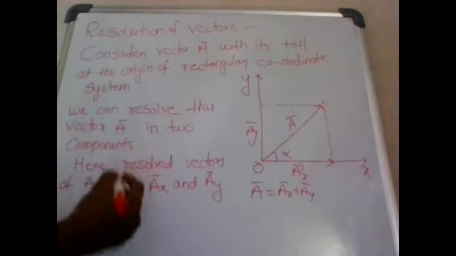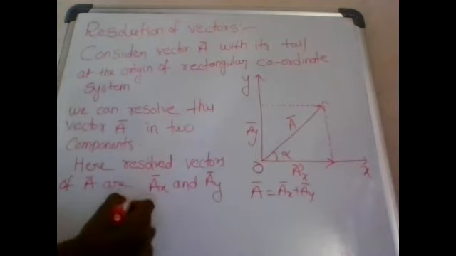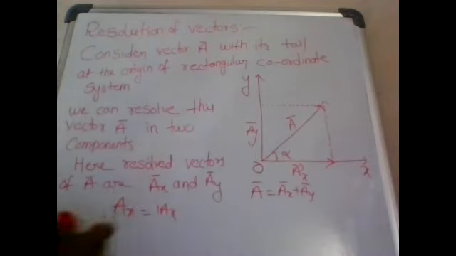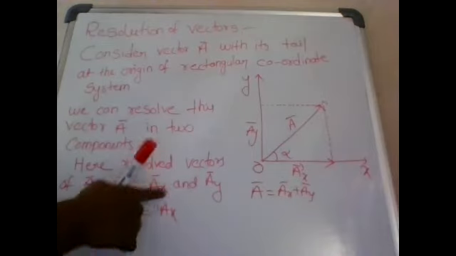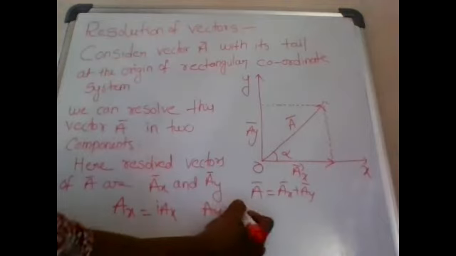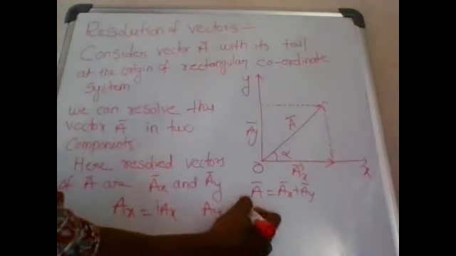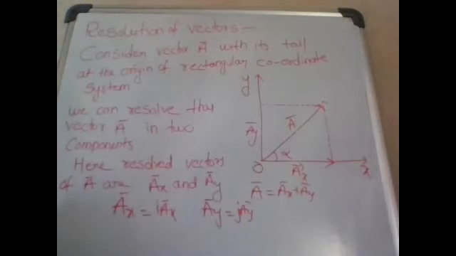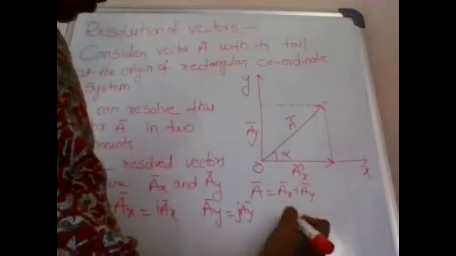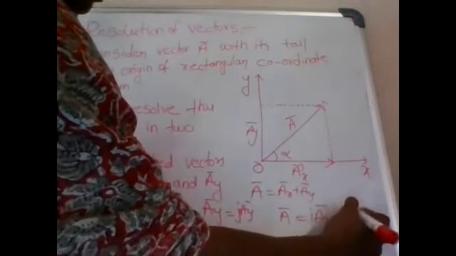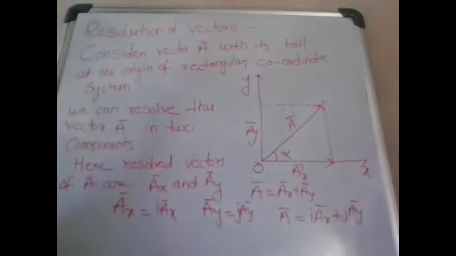Then we can write A suffix x equals i into A suffix x, where i is the unit vector along x direction, and A suffix y equals j into A suffix y, where j is the unit vector along y direction. Then A bar equals i into A suffix x plus j into A suffix y.